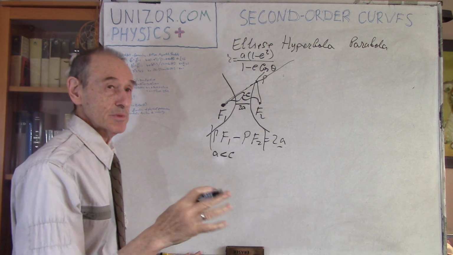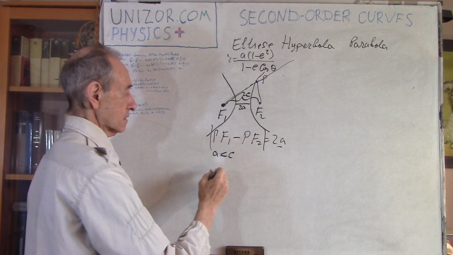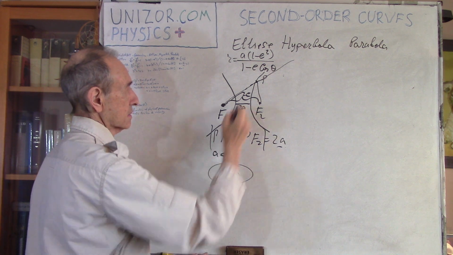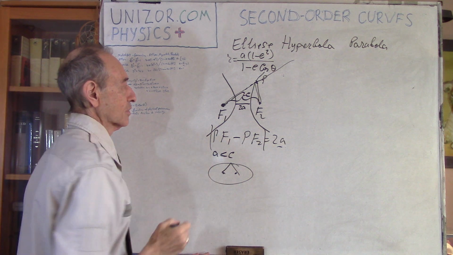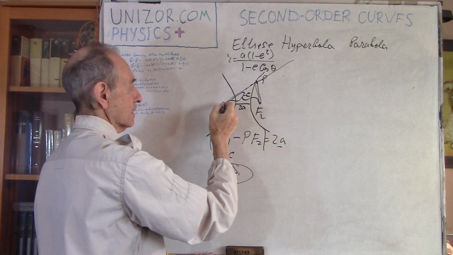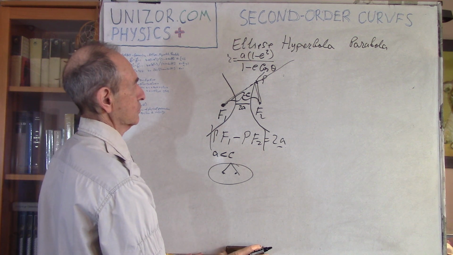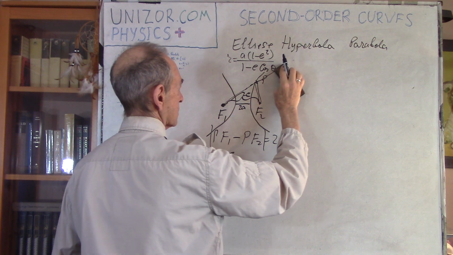So it's kind of similar to the ellipse, but in the ellipse you have a direct hit. In this case, the hit goes outside, but you can continue this line and it will still hit the second focus.